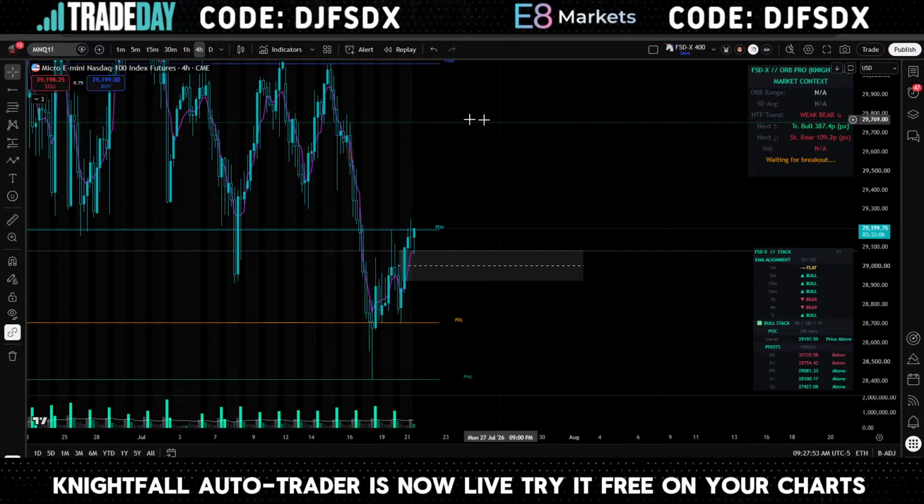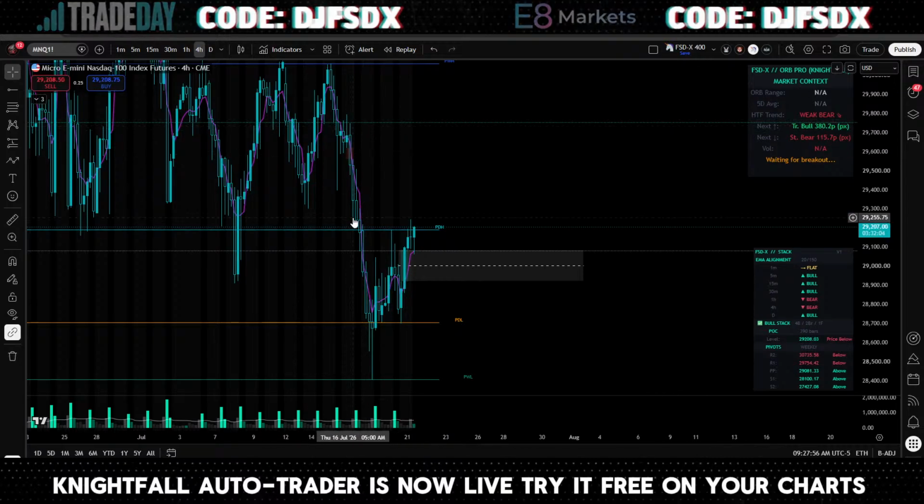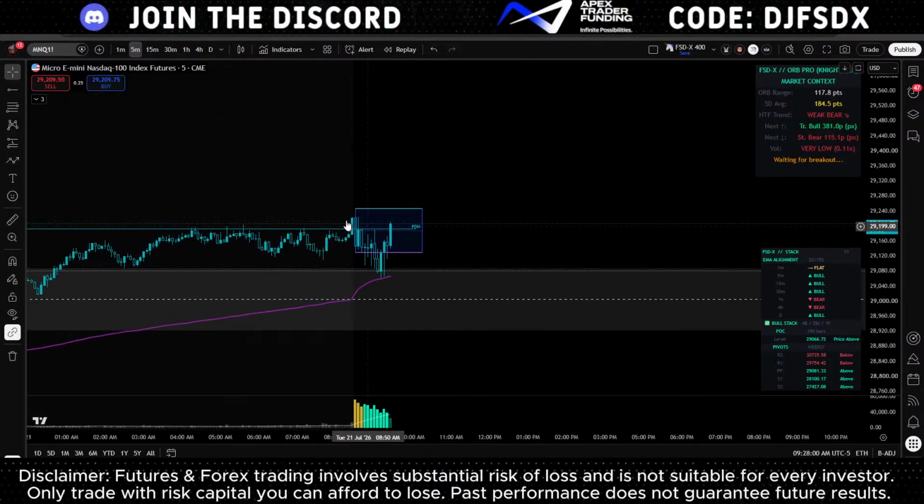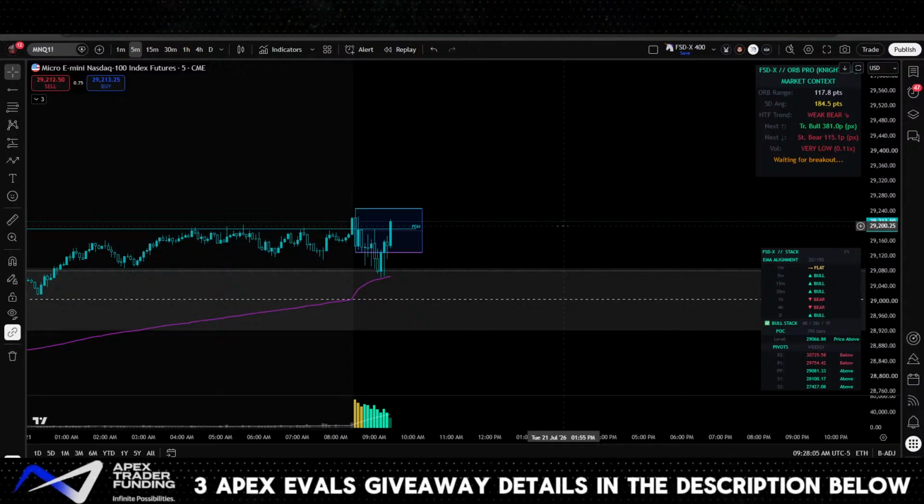Let's see where this support line is. Just need to basically break the high. Well, obviously it breaks out of the range.